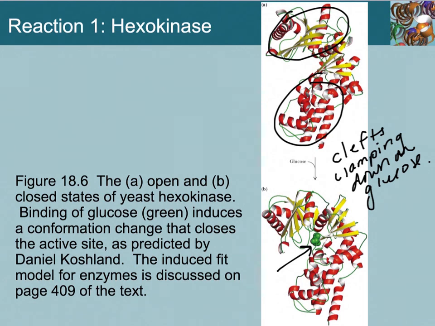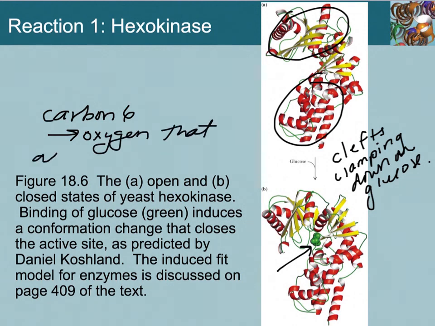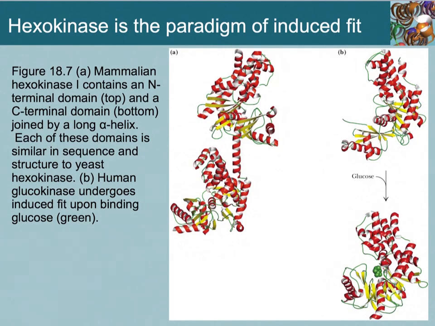So all of the glucose is encased except carbon 6. And carbon 6, it's the oxygen of carbon 6 that accepts the phosphorylation, or the phosphoryl group from ATP. Here, A is showing you mammalian hexokinase 1. Now, the induced structural changes are significant in two respects.